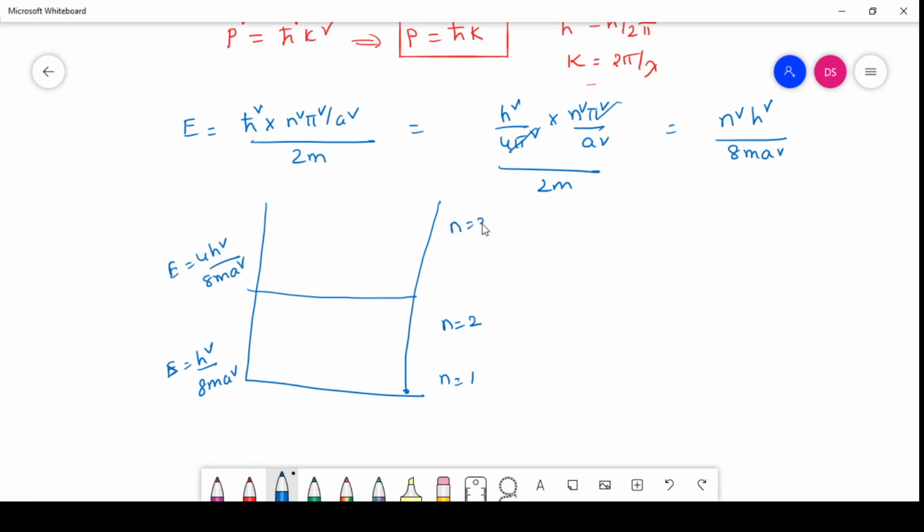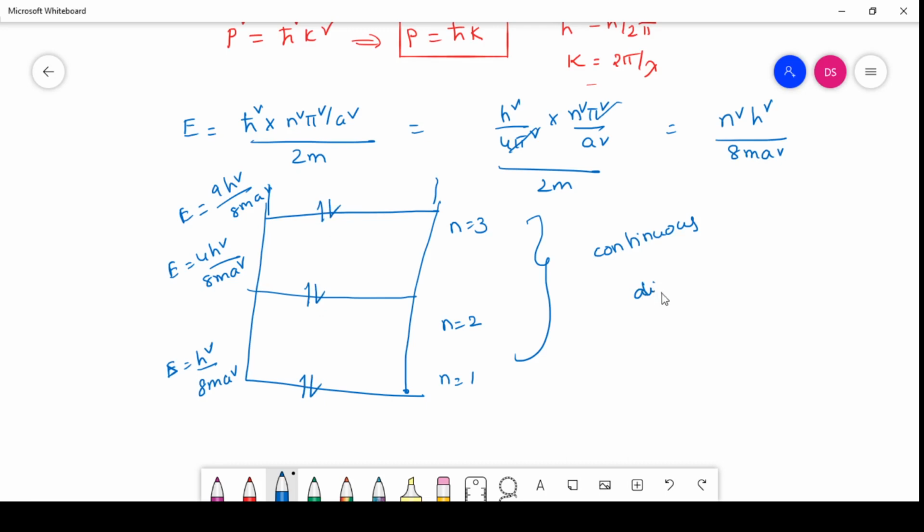For n is equal to 3, the value becomes 9 times greater. So if you observe all these energy values, they are not continuous. According to the quantum free electron theory, the electrons stay in discrete energy levels. They don't have continuous energy levels.